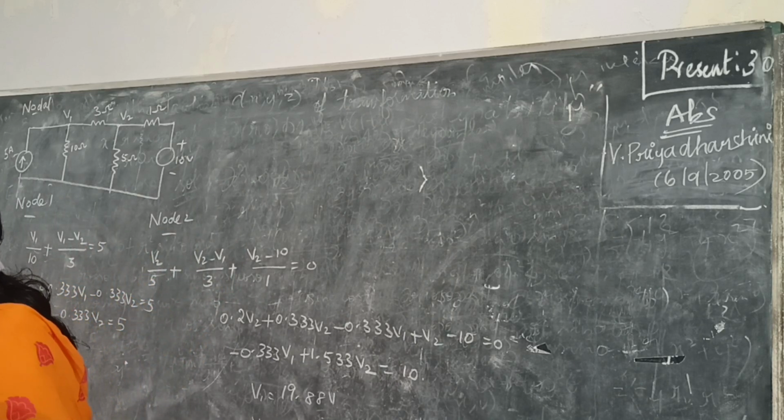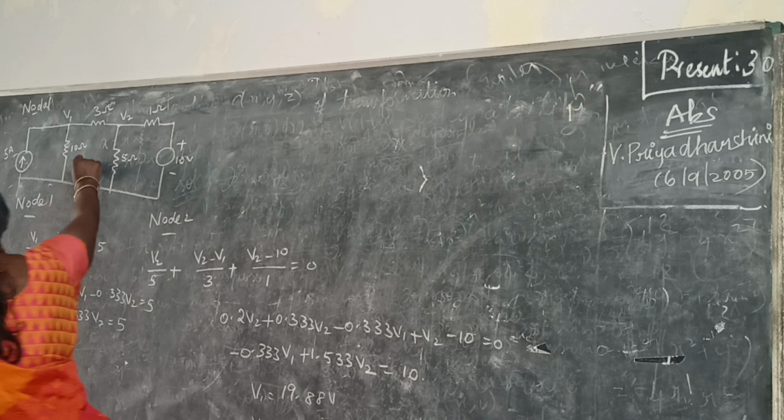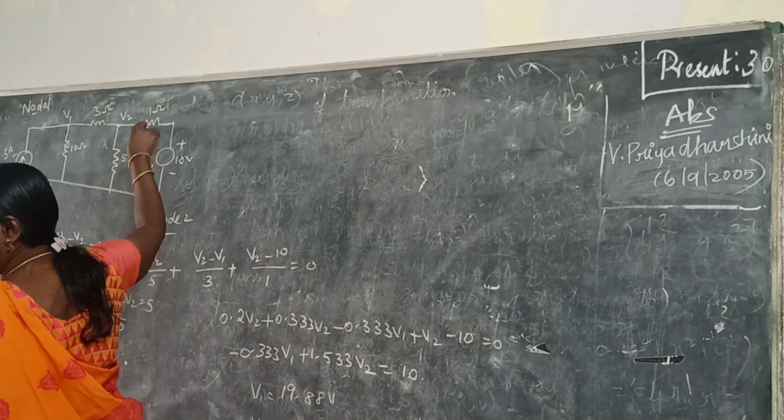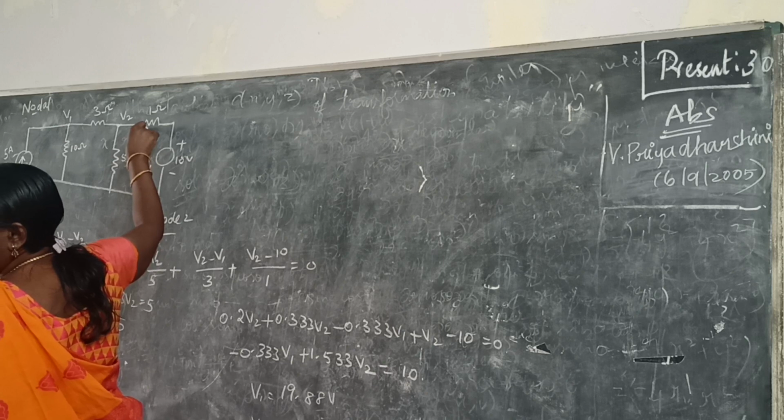What is the question? The question is to find the current through all the elements. What is I? I is equal to V by R. So we know V and we know the resistance of all the resistors. Can you find the current value? Able to understand?